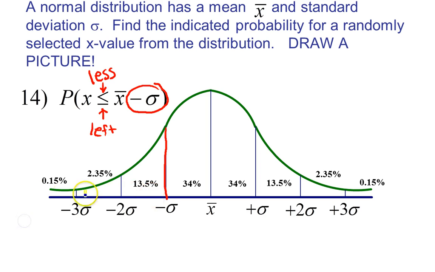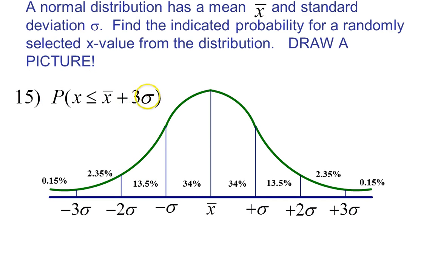So we're talking about this area right here to the left, like this. Okay. So just add them up. It's probably the easiest thing to do. This and this, that's 2.5. So 2.5 plus 13.5. Okay, that is 16%. So that is what we've got for number 14, 16%.